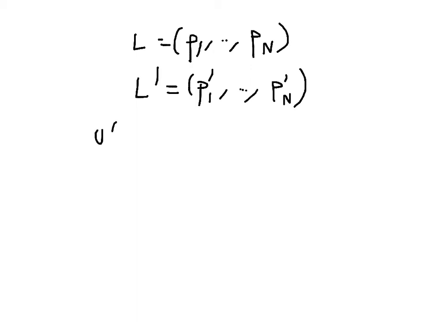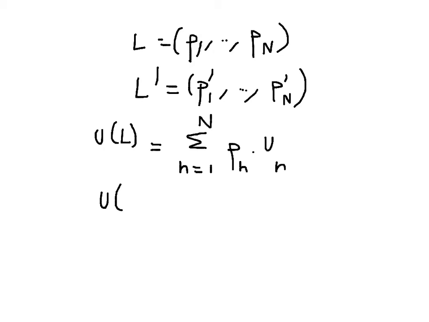So the utility of L here is the sum 1 through n of pn un. The utility of L prime is the sum for 1 through n of p prime n and u of n.